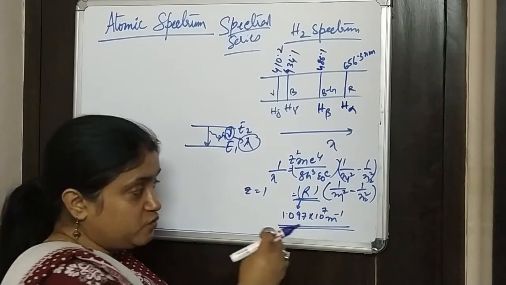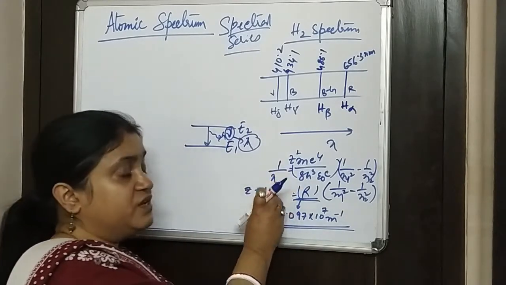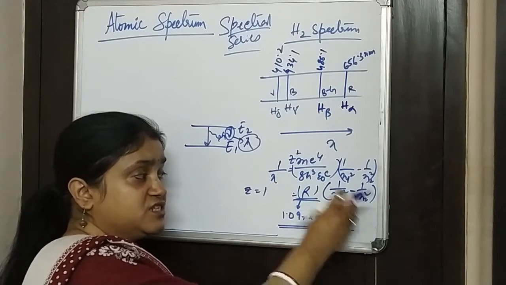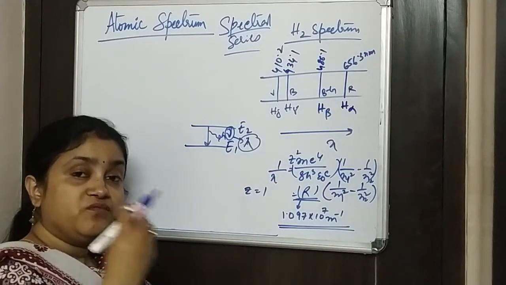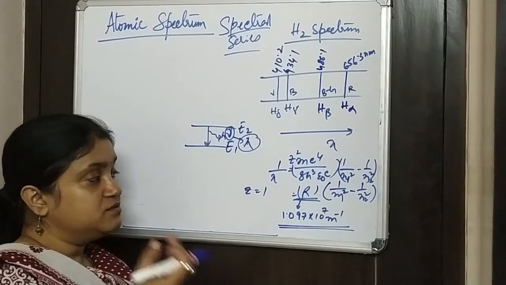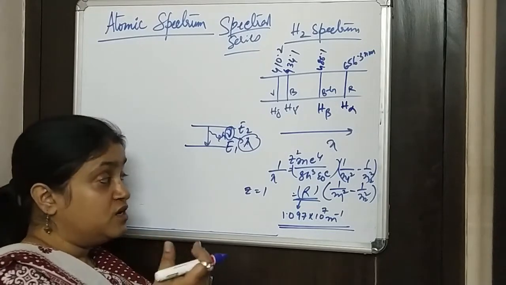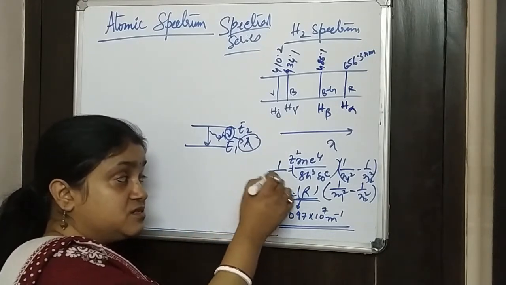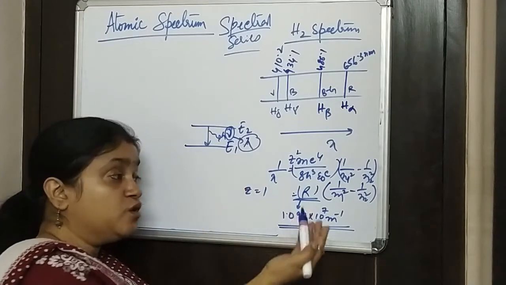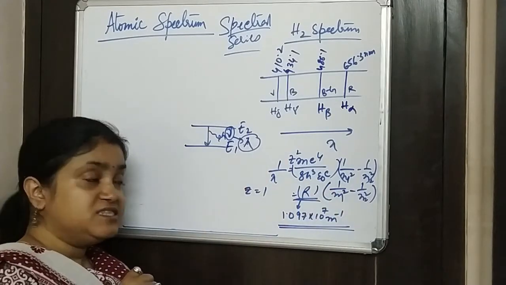Now when we calculate the wavelength, we just need to know from which level to which level the electron has jumped, or just by looking at the wavelength we can find out which level to which level it has jumped.